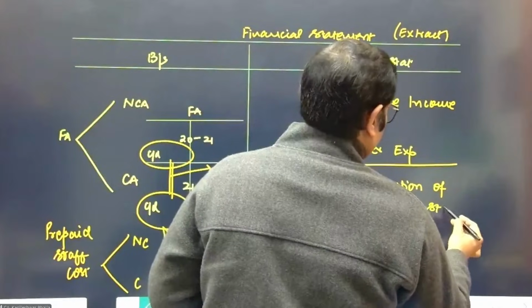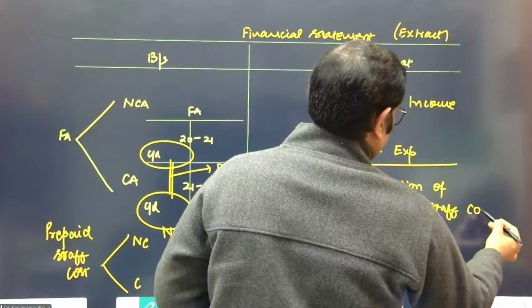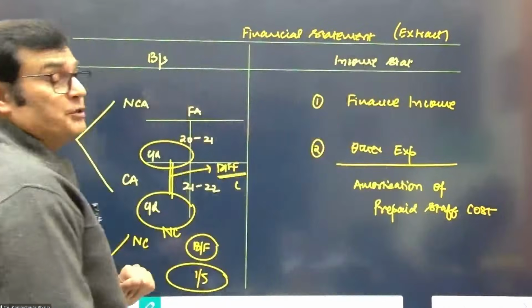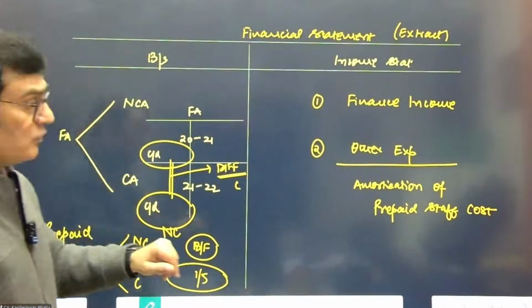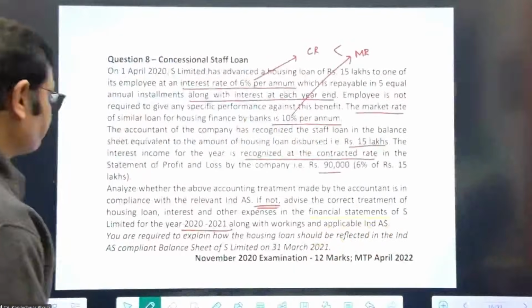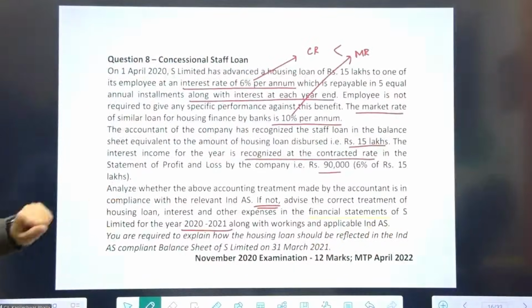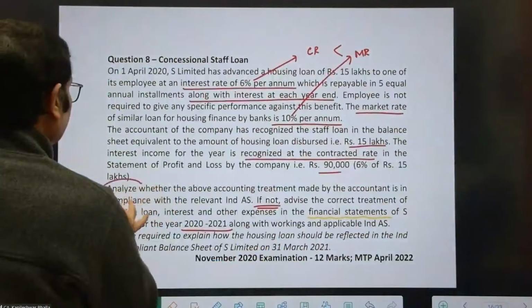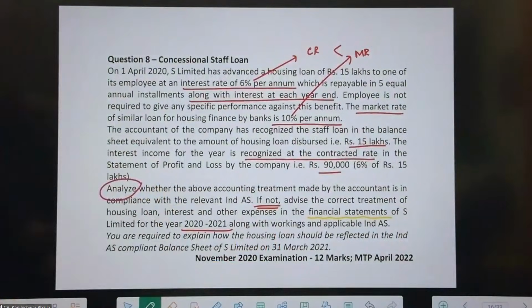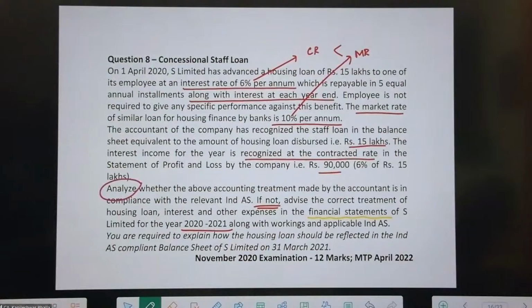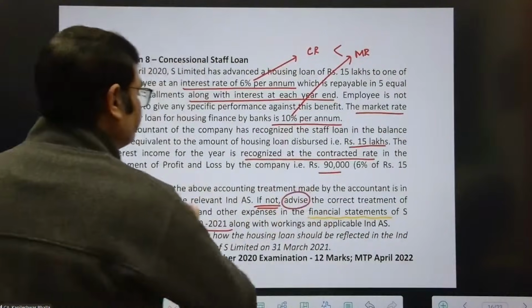And I think let me just take you back to the question and just correlate, whether we've been able to fulfill the requirements of the question or not. So let's go back and see now the inputs in terms of the requirement. It says, number one, if you read the inputs, it says analyze whether the above accounting treatment is in compliance with Ind AS, and if not, advise the accounting treatment.